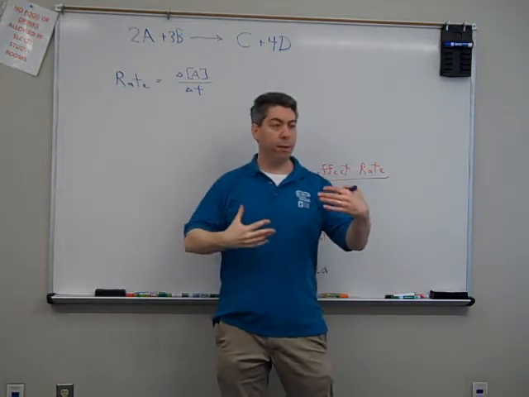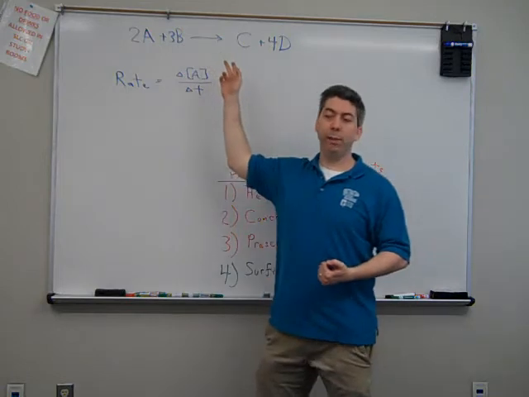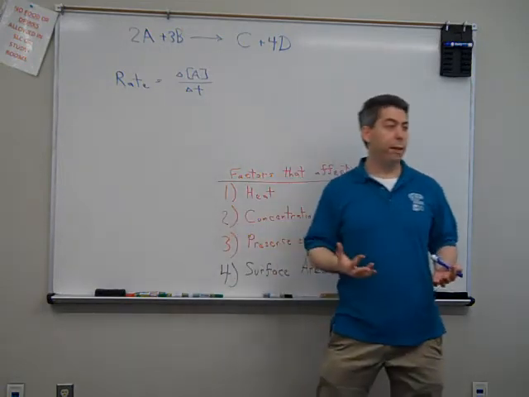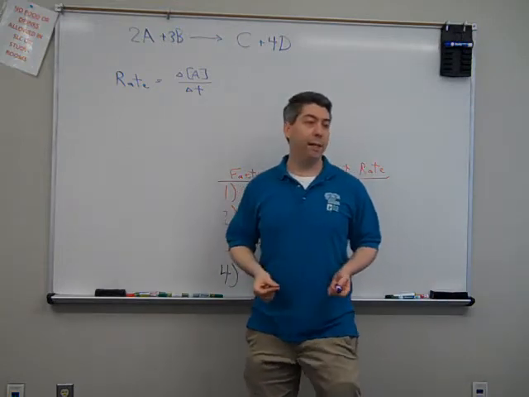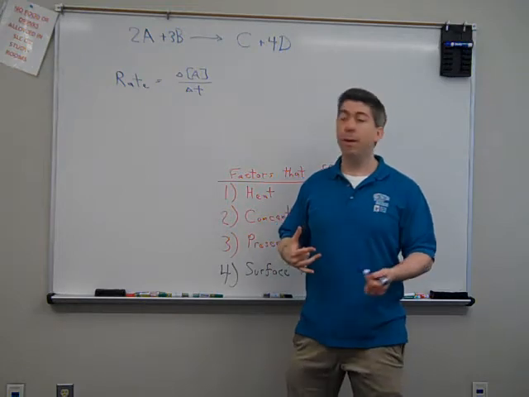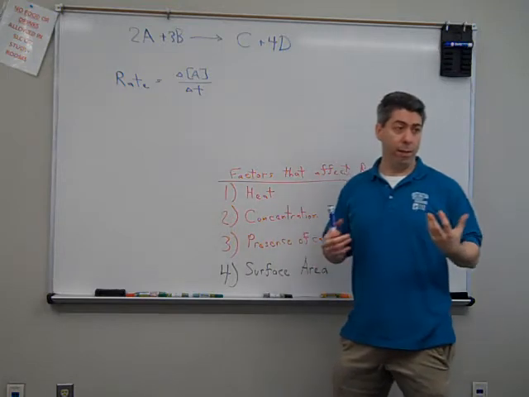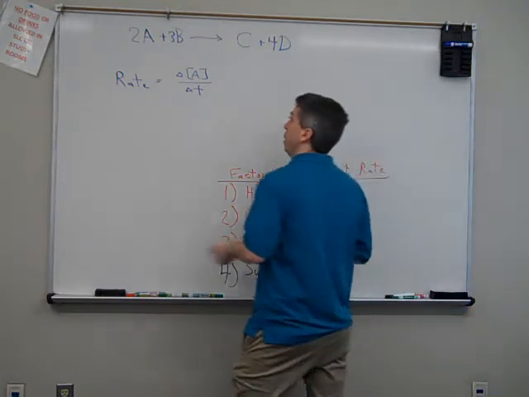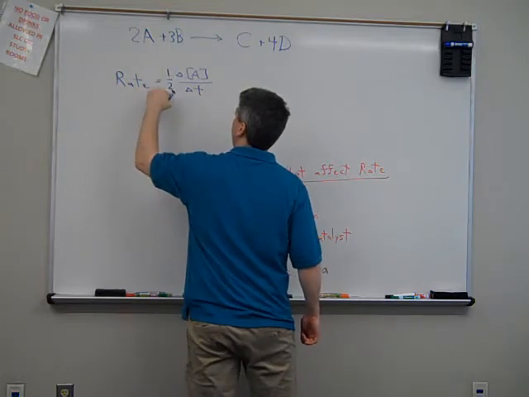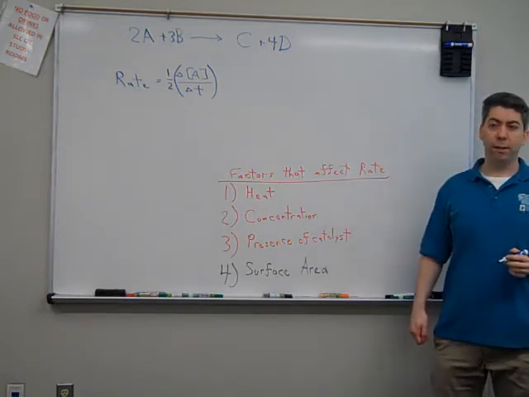So they have different coefficients, and the rate of change of A is not the same as the rate of change of C. So what chemists decided to do to solve that problem is give the rate of reaction in terms of the fraction of the coefficient, so that the rate of reaction is the same no matter which substance we calculate it from. We take 1 over the coefficient times delta A over delta t. Okay?